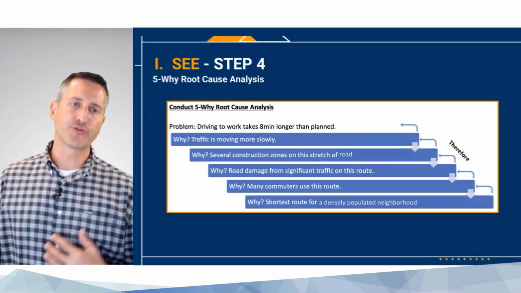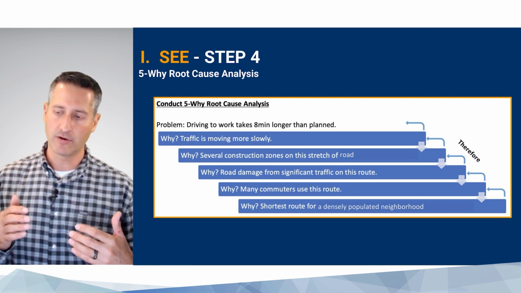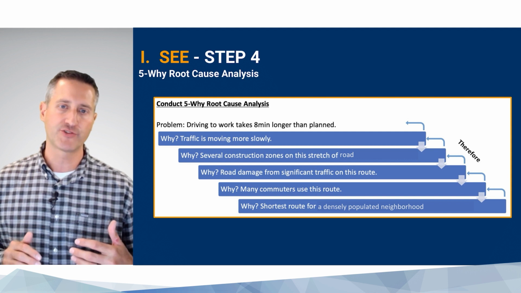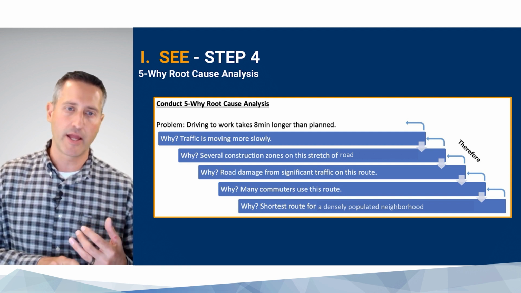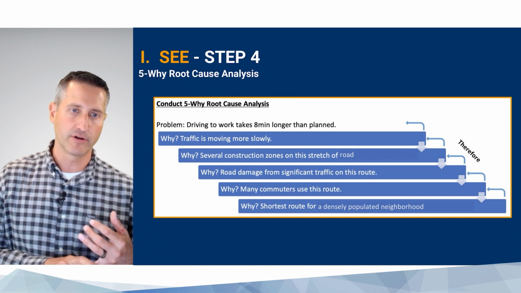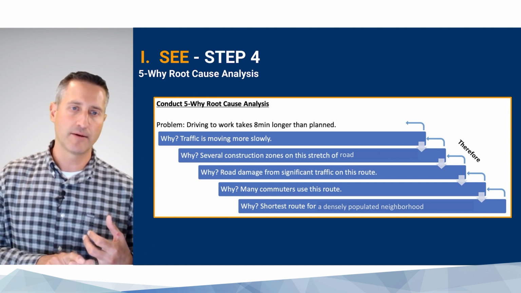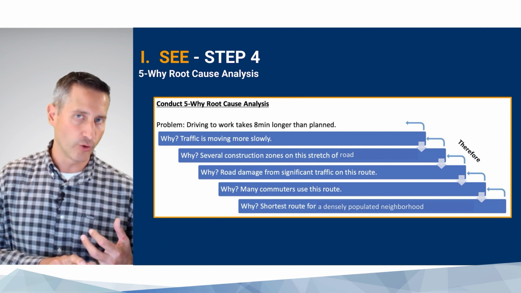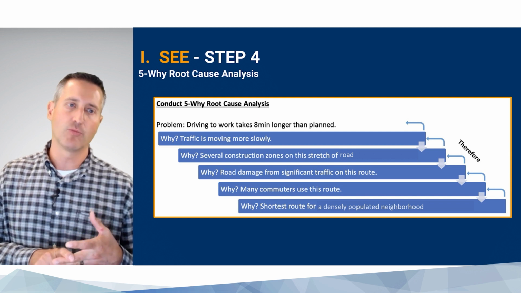And again, also don't skip recognizing the relationship backwards, right? So the shortest route in a densely populated area, is that going to collect a lot of commuters? Yep, that is. The road damage, is more commuters going to cause more road damage on the road? Yep, it is. If there's more road damage on the road, does that mean more road construction?